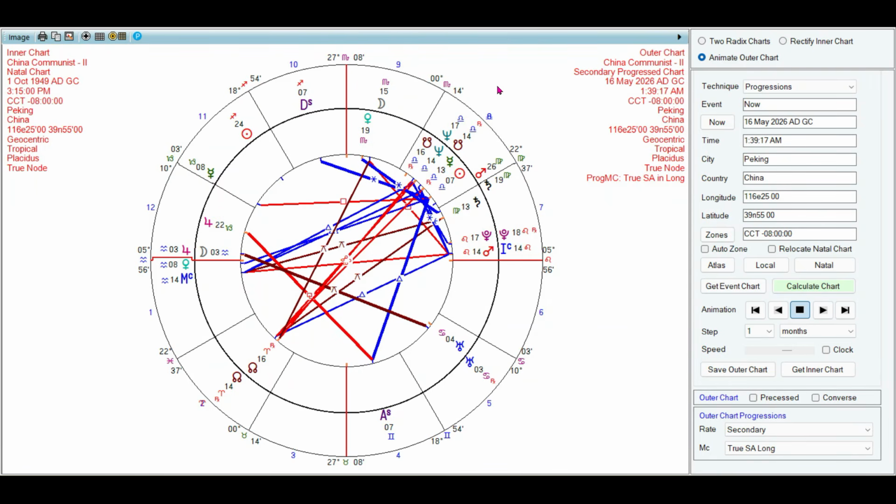When we come to the progressed ascendant, we can see it is at 7 degrees of Gemini, and it is coming in the fourth house. This progressed ascendant is forming a sesquiquadrate to Jupiter, which is the lord of the second house and the 11th house.